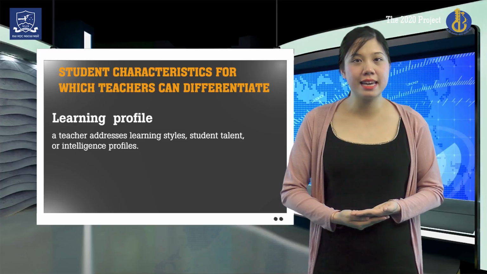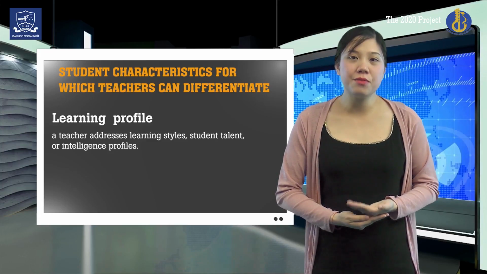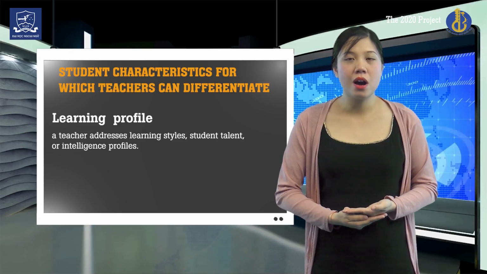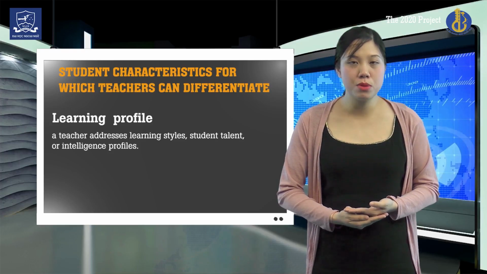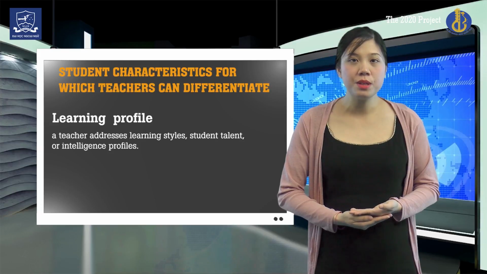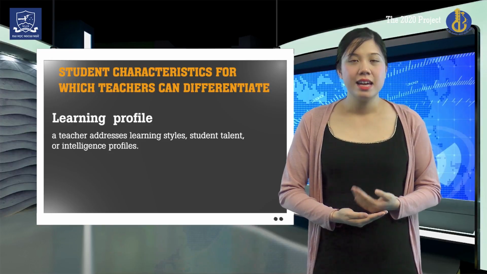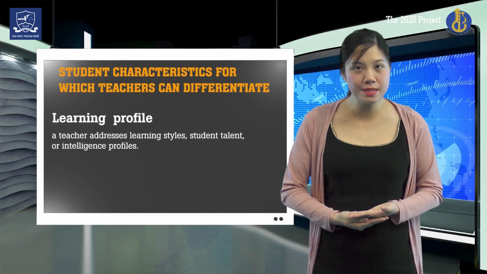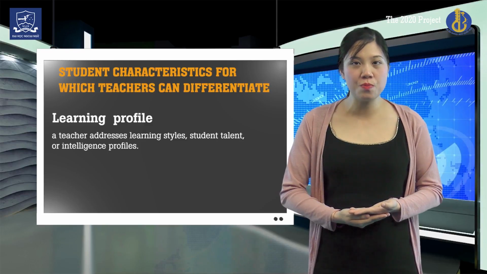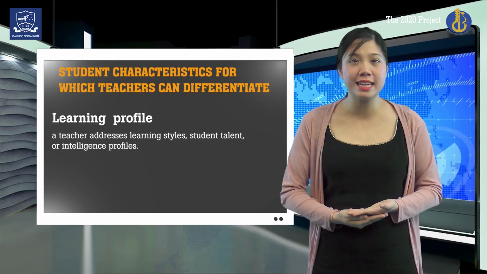Some ways in which teachers can differentiate in response to student learning profile include creating a learning environment with flexible spaces and learning options, presenting information through auditory, visual, and kinesthetic modes, encouraging students to explore information and ideas through auditory, visual, and kinesthetic modes, allowing students to work alone or with peers, ensuring a choice of competitive, cooperative, and independent learning experiences, balancing varied perspectives on an issue or topic, and providing authentic learning opportunities in various intelligence or talent areas.